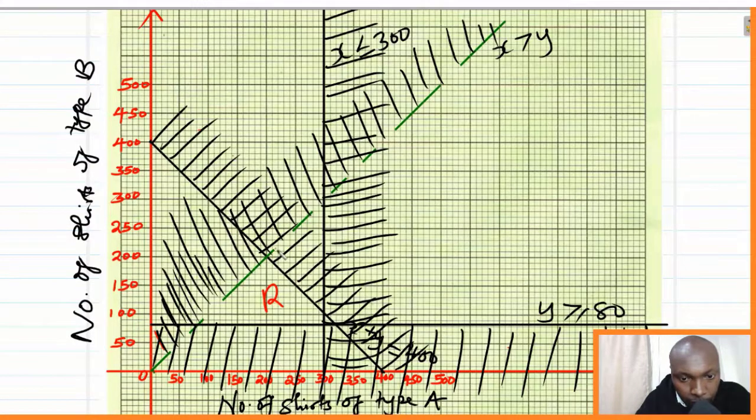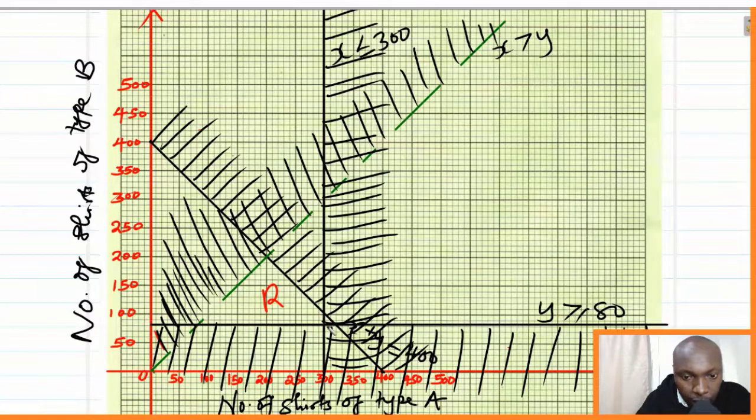Because this line is broken, these corner points will not be applicable. The points that lie on that line will not be considered, since this line is broken. You can see x is greater than y, so all the points that lie on that line will not satisfy the inequality. That is why that line is broken. So these corner points, the two of them that lie on that line, x equals y, will not be considered. So we remain with only these two.